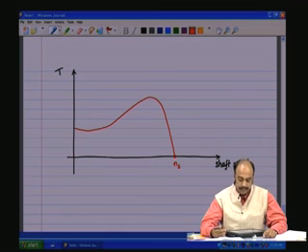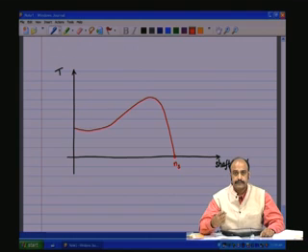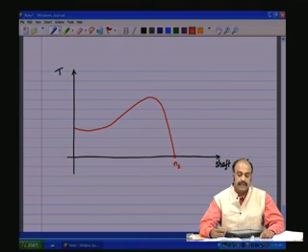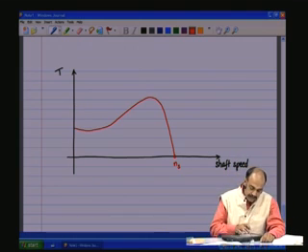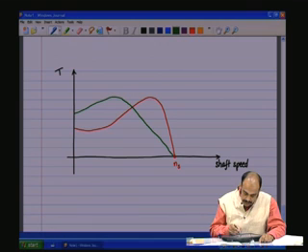So let us see what happens if the resistance of the rotor conductors is increased. So let us say this is at the nominal value. Now on increasing the resistance of the rotor conductor, the curve changes shape and starts going in this fashion.